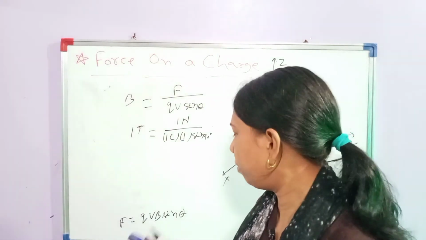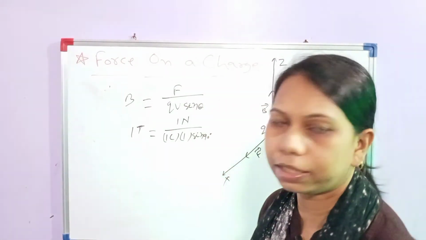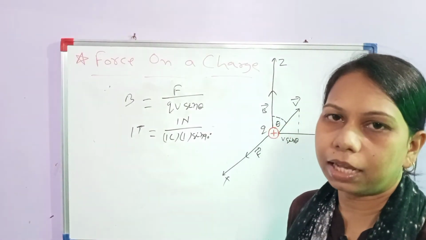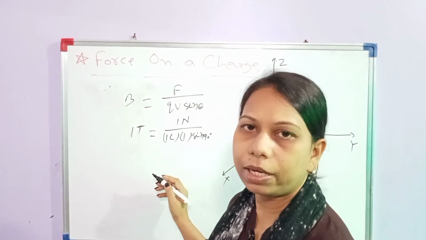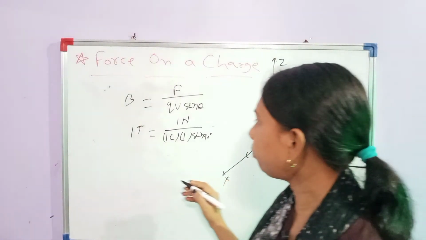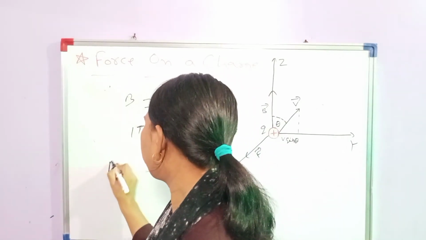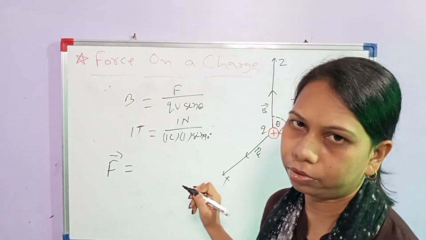Now if both electric field and magnetic field exist simultaneously, if a charge is placed in both electric field and magnetic field, how much force will it experience? In that case, total force equals electric force plus magnetic force.